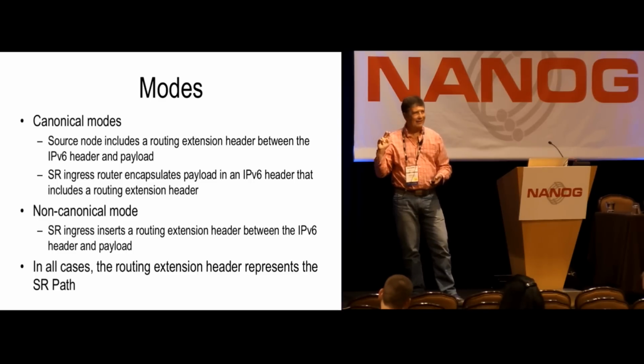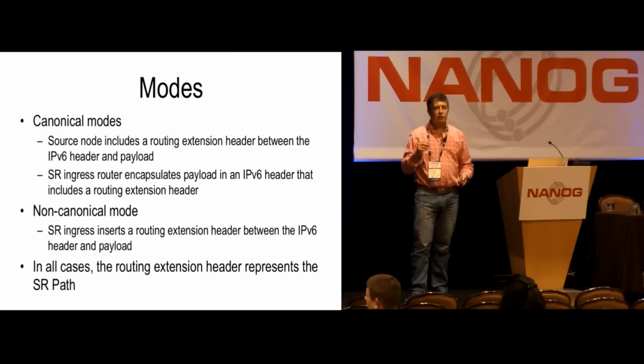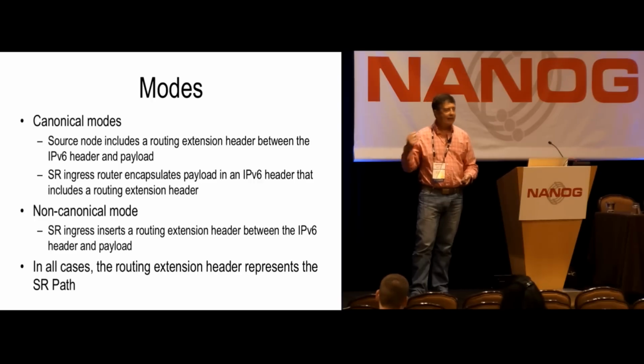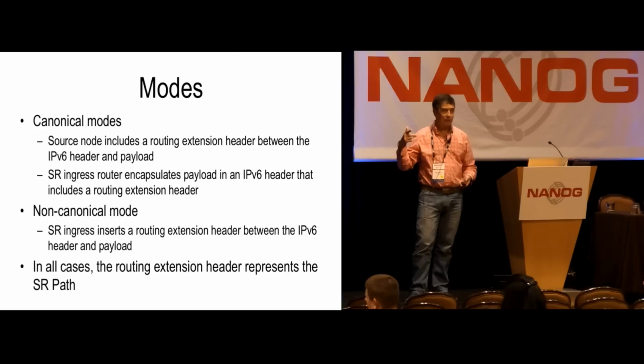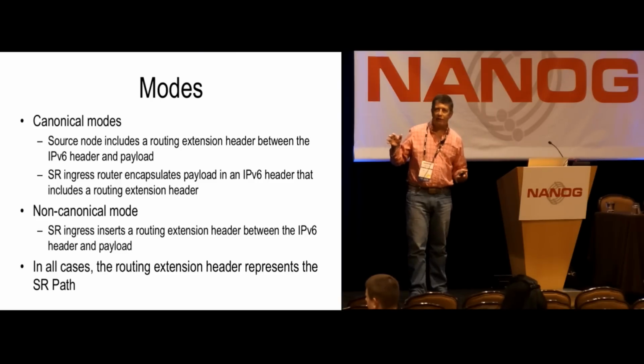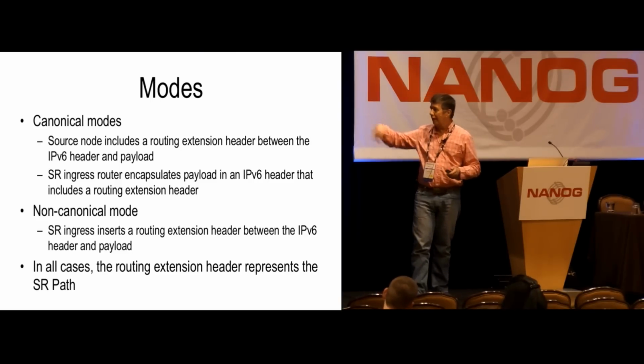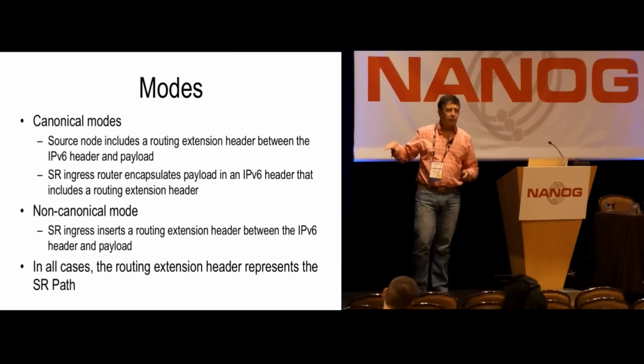Then there's also a non-canonical mode. That's where the packet originates on a node that isn't SR aware. It hits an SR ingress, and the SR ingress inserts an SRH between the IPv6 header and the IPv6 payload. There's some controversy around that in the IETF right now, so I call that non-canonical, and we're not going to talk much about it.